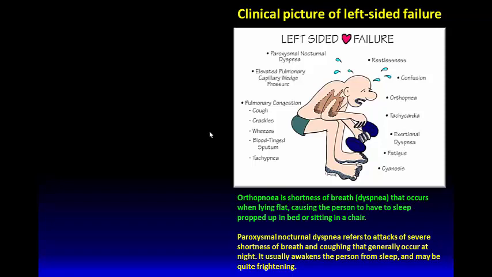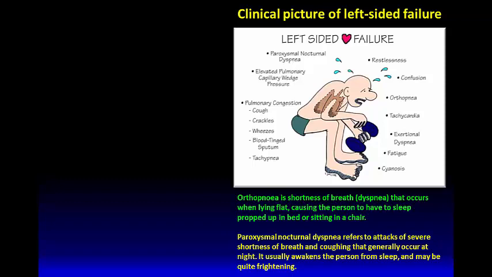Let us now very briefly describe the clinical picture of left-sided failure and right-sided failure. The clinical picture includes symptoms and signs. The symptoms and signs of left-sided failure are essentially the results of the reduced output of the left ventricle into the systemic circulation and the building up of blood in the pulmonary veins and pulmonary capillaries, resulting in pulmonary congestion.